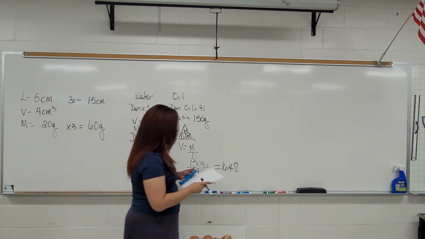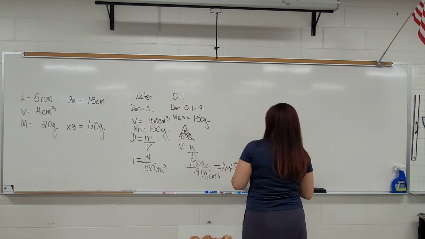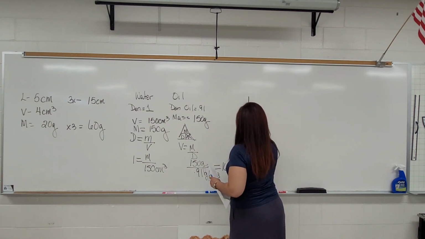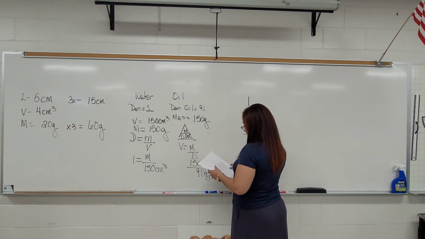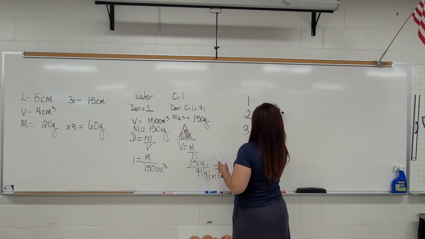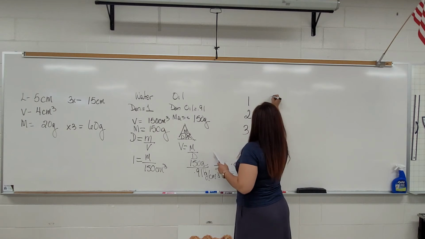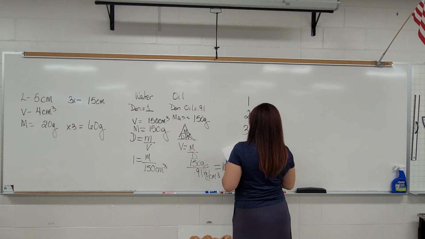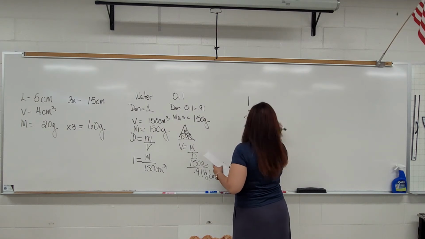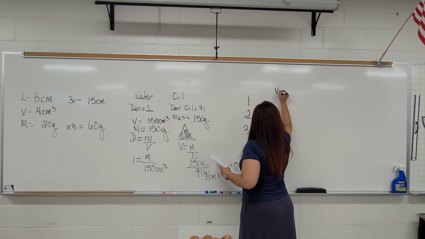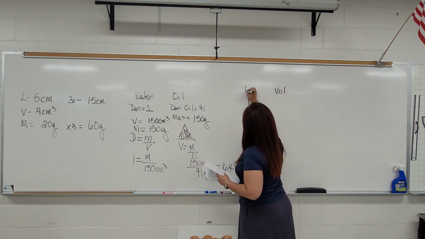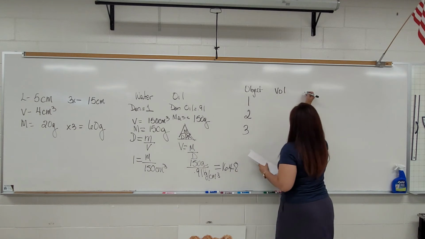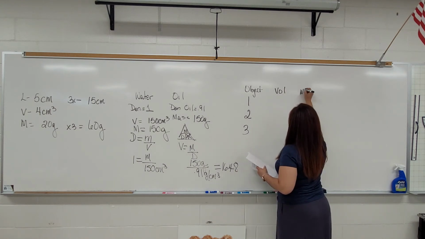The third question we're going to look at is a table. We have 3 substances in the table. This is the object, this is volume, and this here is the mass.